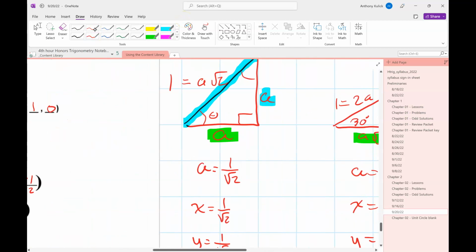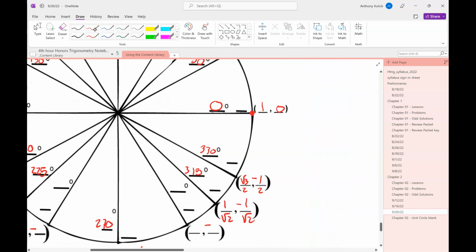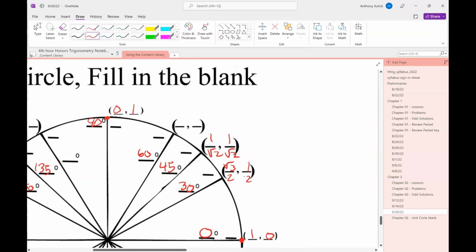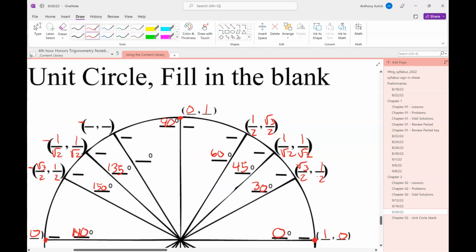Okay, let's go and fill in the last pieces here. So I have 1/2 and √3/2. This piece is 120, and I have 1/2, √3/2.